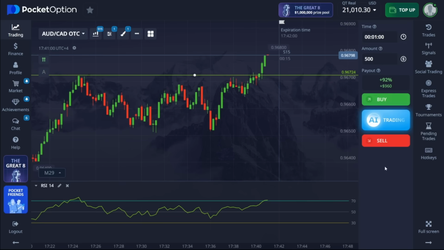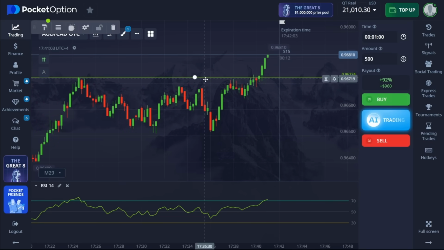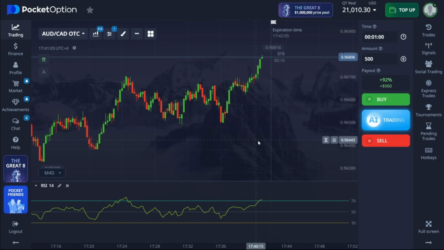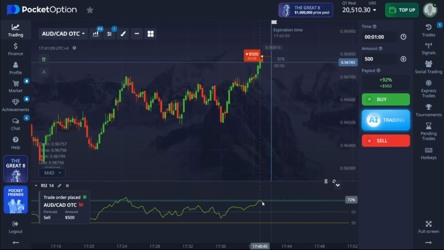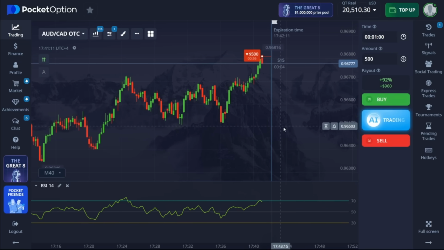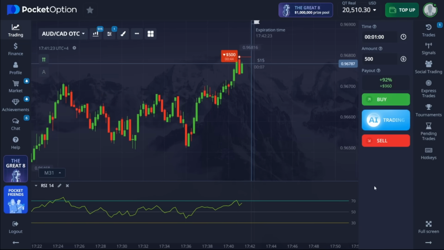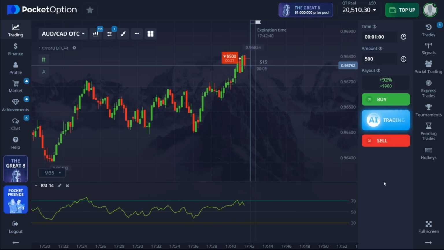Alright, now price has finally hit the overbought zone. Had to wait a few minutes, but it was worth it. Clear signal, strong entry, going for a put. Everything's working again, but you see, manual trading takes time.